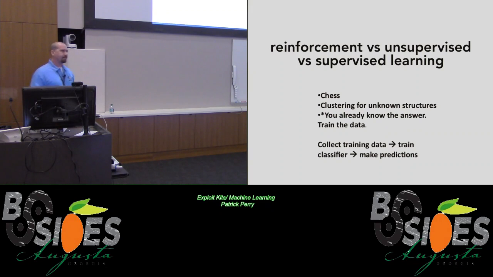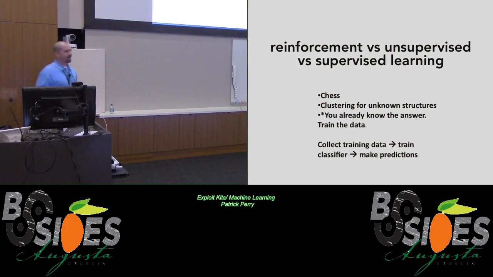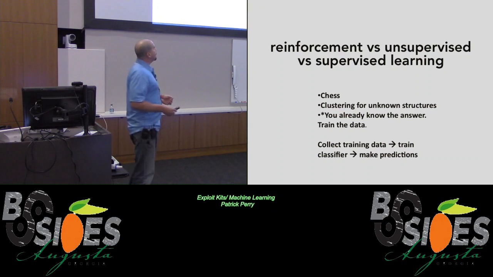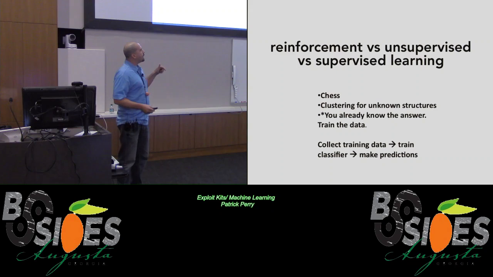With what I'm familiar with, there are three different kinds of machine learning. People might have other subcategories, but this is my understanding. There's reinforcement, unsupervised, and supervised learning. To give you an idea of how reinforcement works, think of chess. Reinforcement is actually a subset of supervised learning.